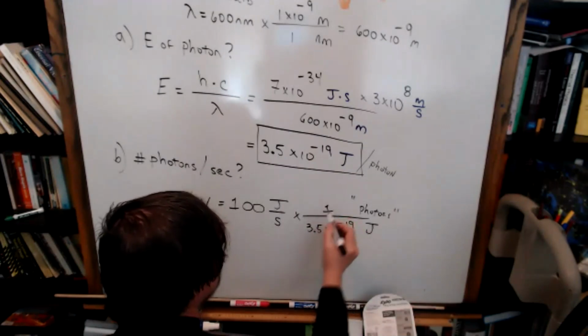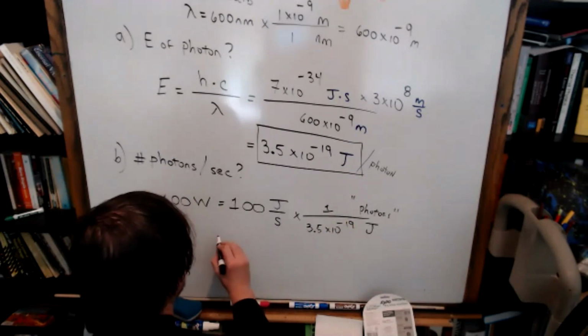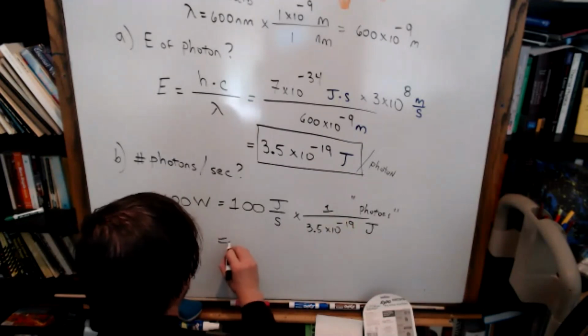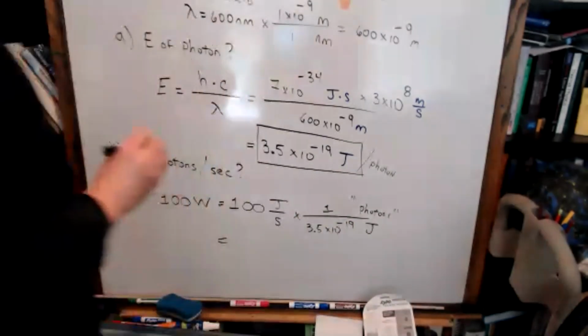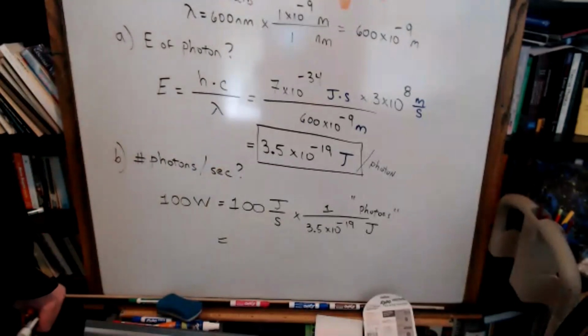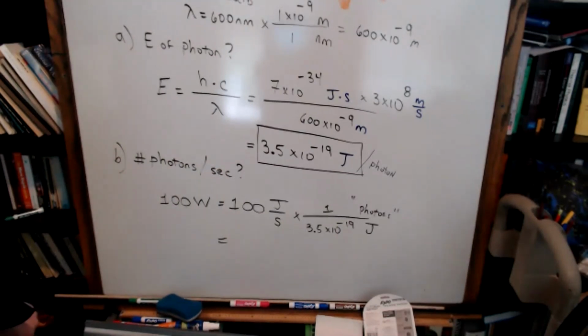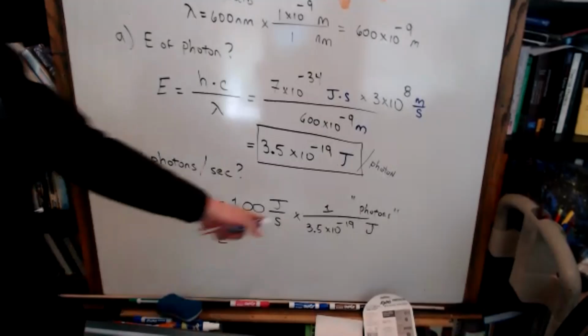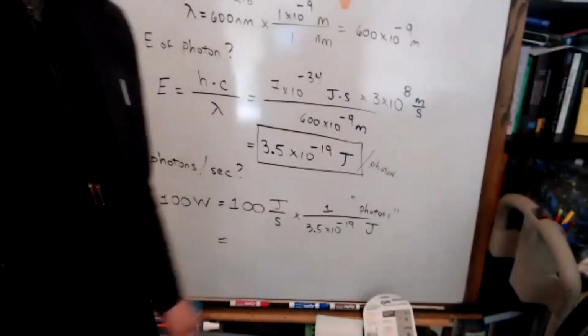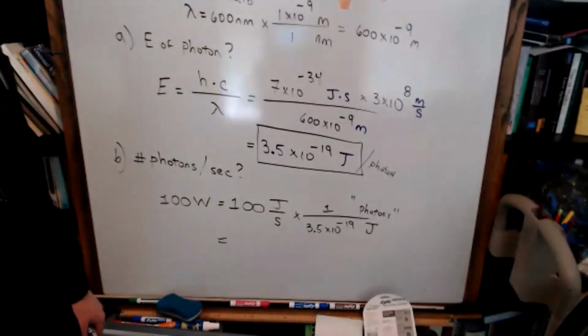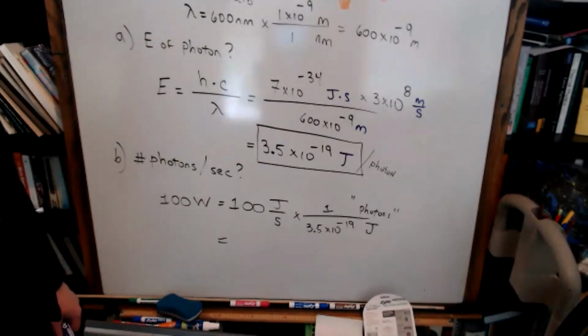Just testing you. Okay. Divide 100 by 3.5 times 10 to the minus 19. Wait, did you say divide then? Well, is 3.5 times 10 to the minus 19 on the top or the bottom? Bottom, so you would divide.